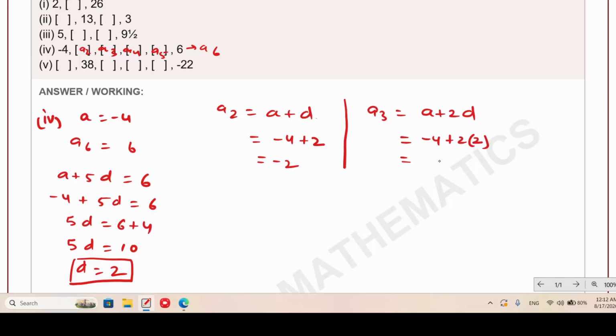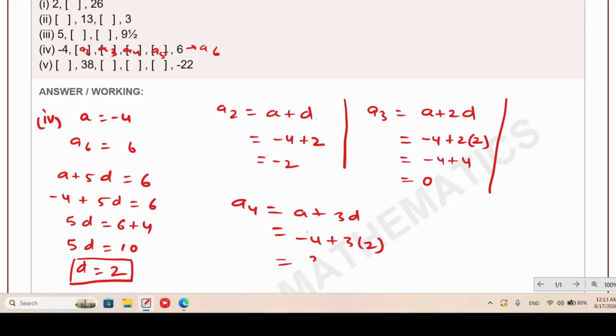Okay. So this is -4 plus 4 equal to 0. A4 equals A plus 3D, which is -4 plus 3 times 2. So this is 6 minus 4 is 2. A4 is 2. And A5 is A plus 4D, where A is equal to -4 plus 4 times 2. So 8 minus 4 is 4.